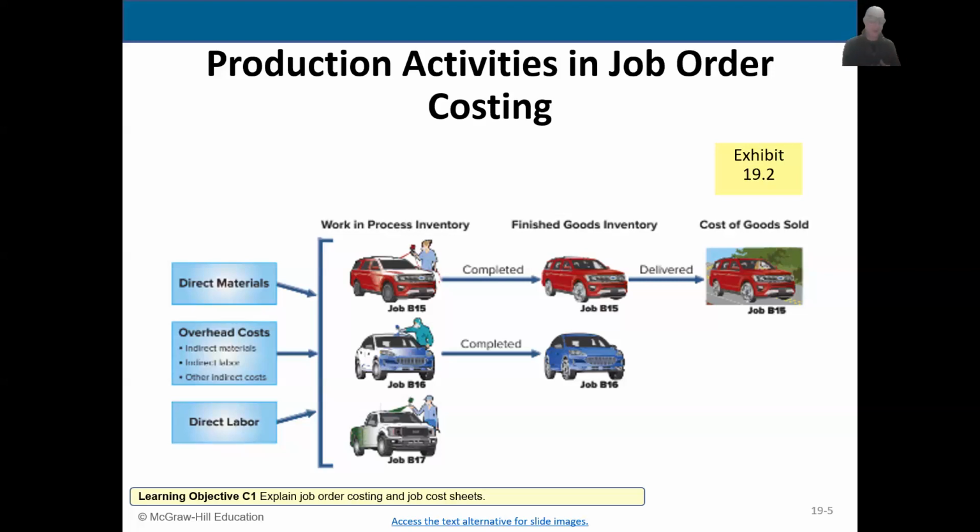Okay, so you'll notice that every single job represents an individual customer order. That individual customer order, we track the direct materials used to build the car, the direct labor used to build the car, and the factory overhead allocated to building the car.